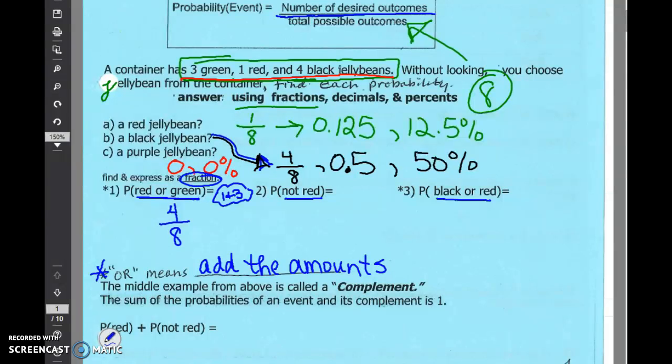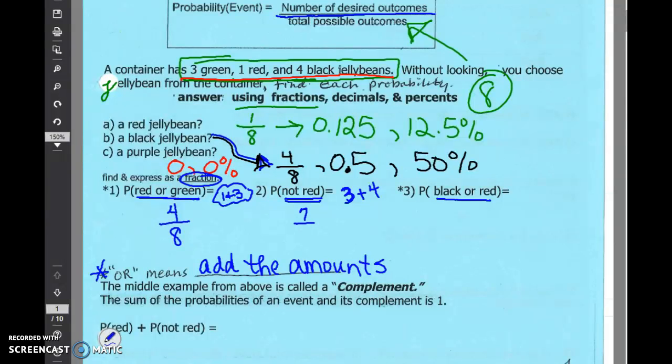And again, we're going to express our answers as fractions, and it's not necessary to reduce unless it says so in your directions. Probability of not getting a red jelly bean means that you're going to either be getting the 3 green or the 4 of the black ones.